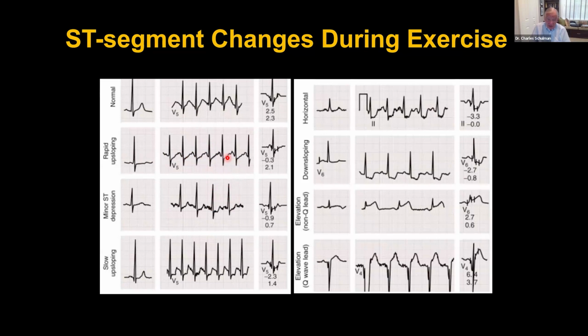Shouldn't be called positive. A positive stress test would be ST depression of at least a millimeter, 80 milliseconds after the J point. This is slightly upsloping, this is horizontal, this is downsloping. These are positive tests.